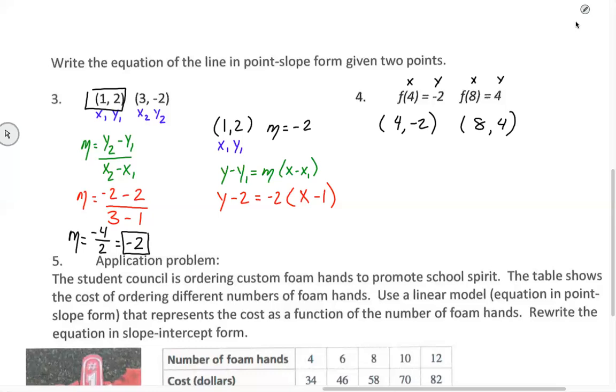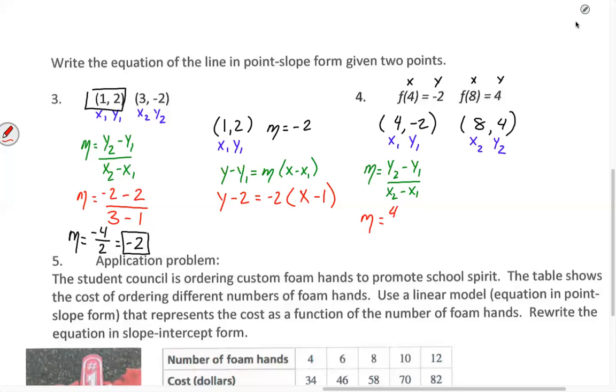All right. So the first thing we want to do is label our points so we can find our slope. I'm going to label it x1, y1, x2, y2. Then I'm going to write my equation. Then I'm going to substitute.